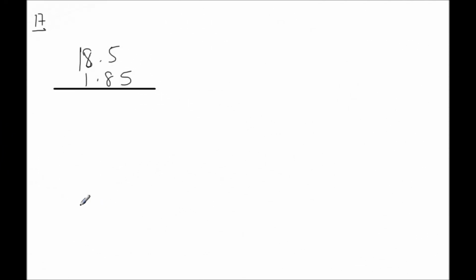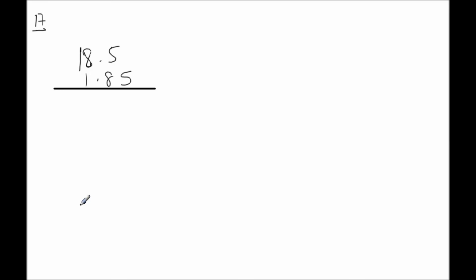Number 17 says, what is the difference between 1.85 and 18.5? Got some interesting responses here, but let's do it the proper way, please. When we're finding difference, all that is saying is that we need to subtract. We put a larger number, which is 18.5, to the top, and a smaller number, which is 1.85, to the bottom.